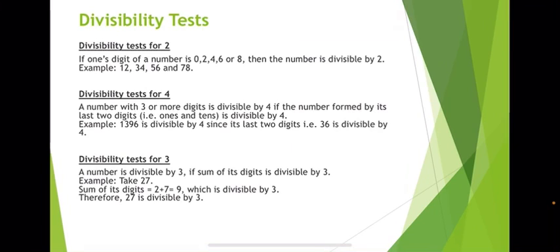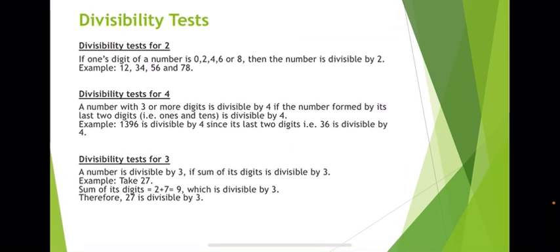For example, 1396 is divisible by 4 because its last 2 digits are 96, and we have to check if 96 is divisible by 4 or not.